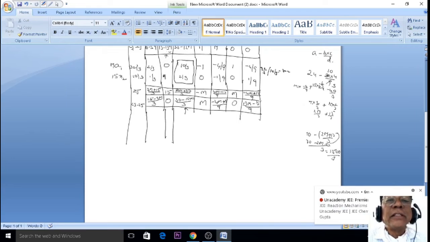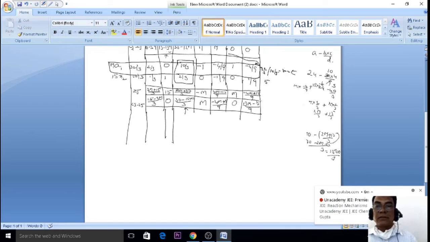Next, 10 divided by 3, this is the 5. So out of these two, this is the minimum value. So select it as the key row. Understand? Key row.